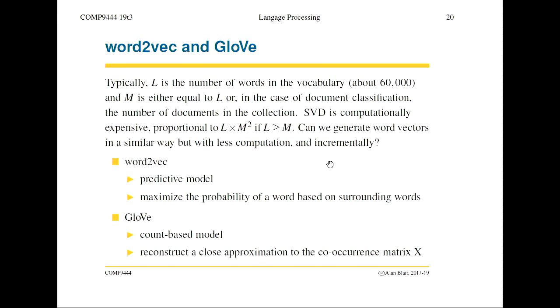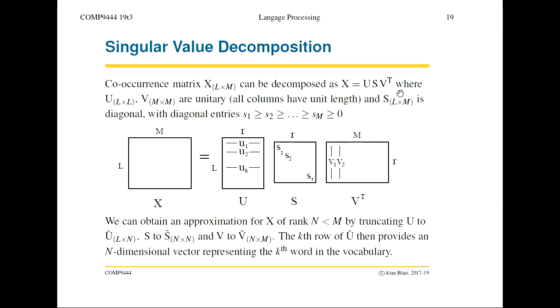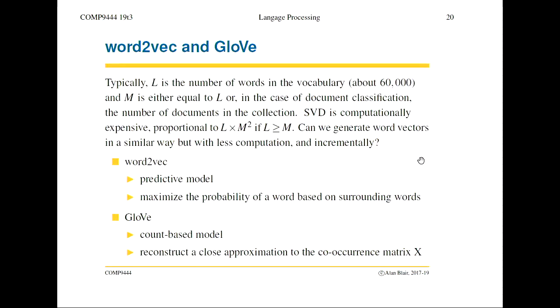Now, the problem is that this singular value decomposition always exists, but it's quite expensive to compute. L is the number of words in the vocabulary and M is either equal to L or it could be the number of documents, and the time required to compute the singular value decomposition is proportional to L times M squared if L is bigger than M. So if L is equal to M, it's the cube.